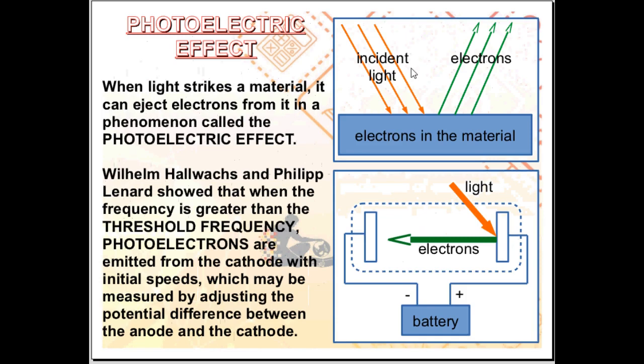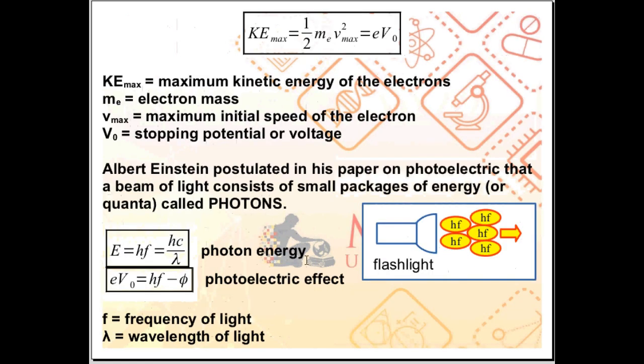So, if the incident light has a frequency greater than the threshold frequency represented by the work function, the extra energy will be the kinetic energy of the electrons. The electrons are thus able to escape from the surface of the material.